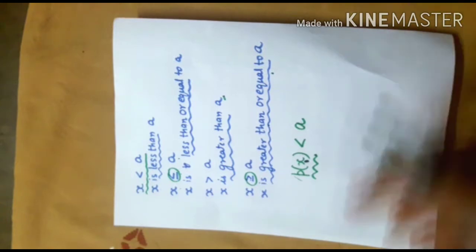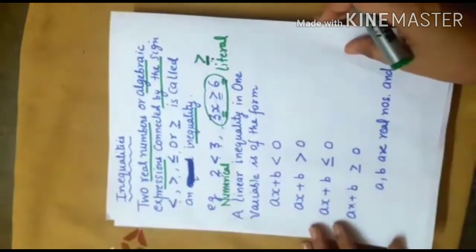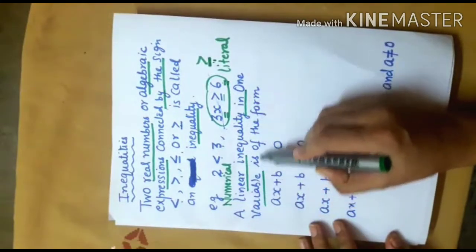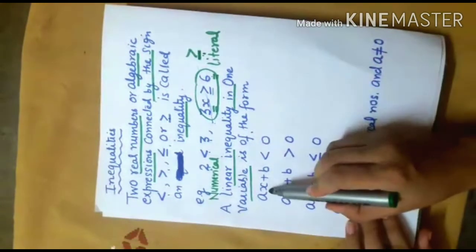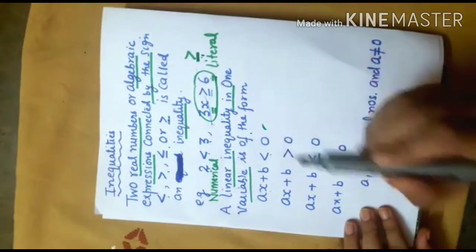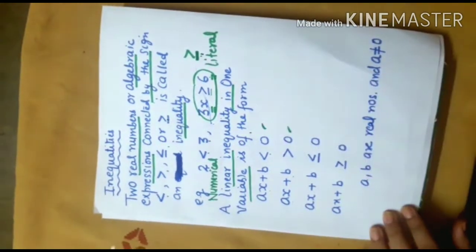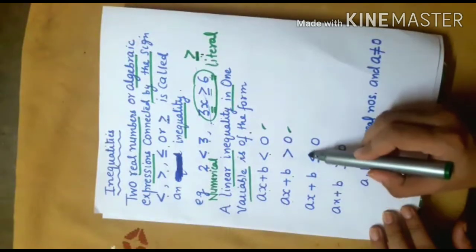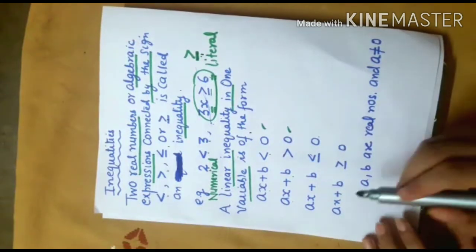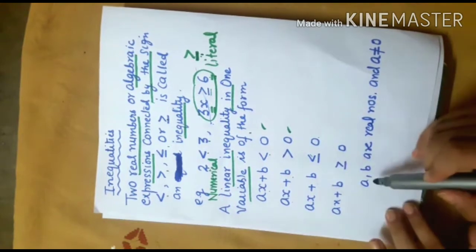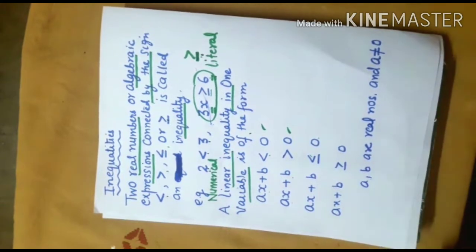So the general form of a linear inequality in one variable is ax plus b less than 0, or ax plus b greater than 0, ax plus b less than or equal to 0, ax plus b greater than or equal to 0, where a and b are real numbers and a is not equal to 0.